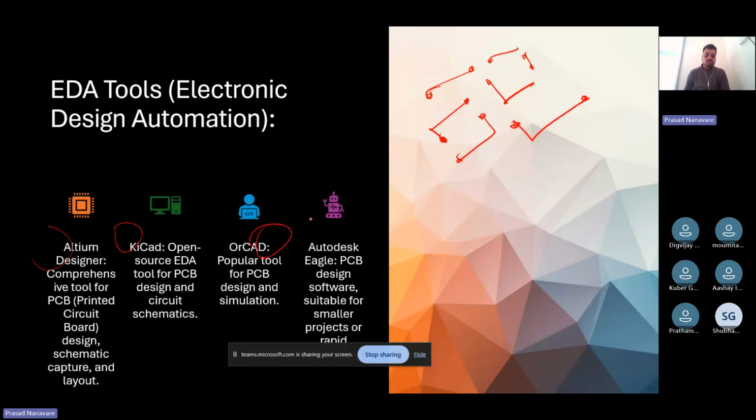Altium, CAD, OrCAD, Autodesk, Eagle. Out of these four, I've used these two, and I found them extremely useful. Especially Altium is a very heavy tool on the system, very memory intensive, but a fantastic tool.